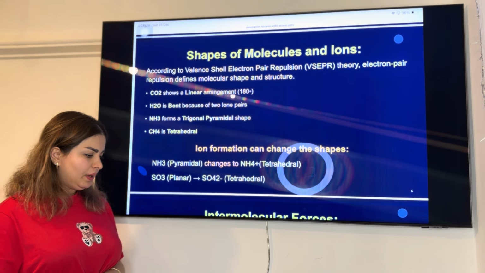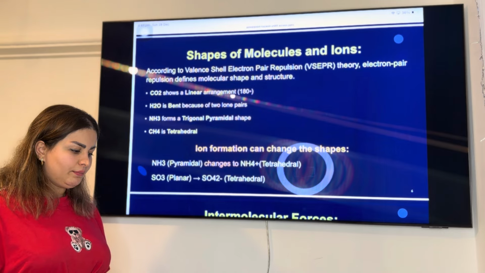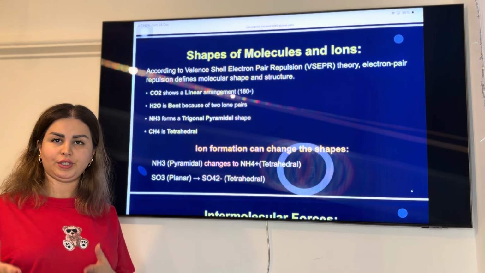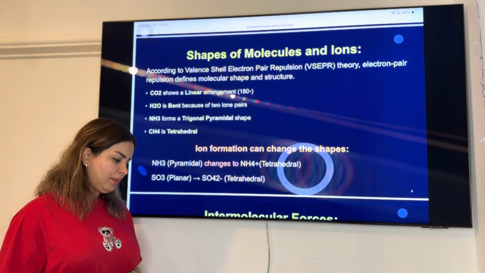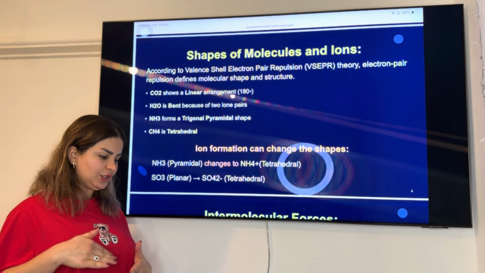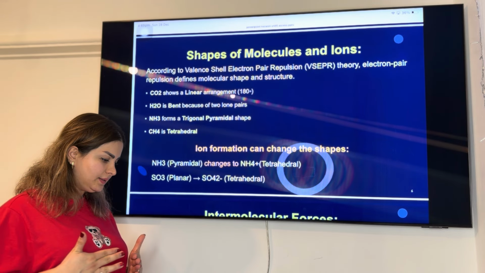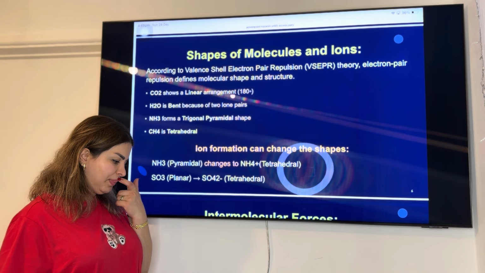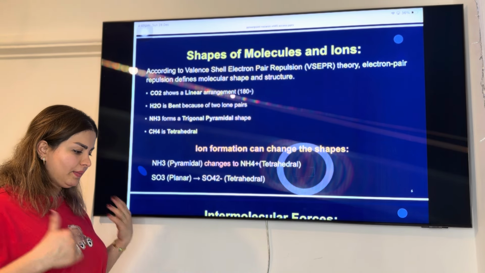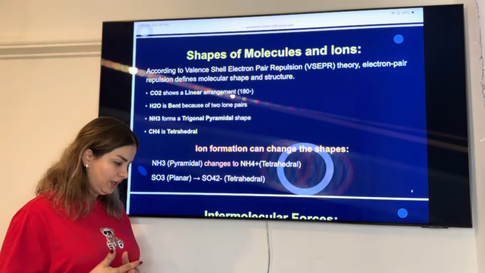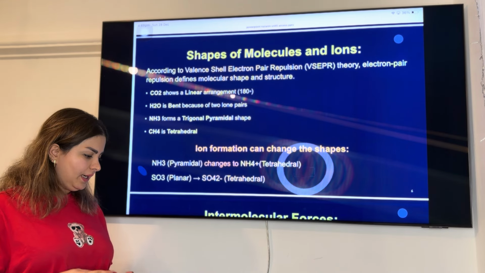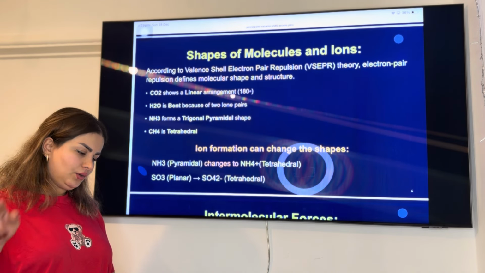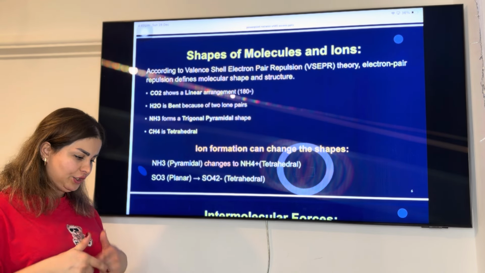The shape of molecules and ions can be predicted by using electron pair repulsion theory. Carbon dioxide has a linear shape, water is bent, ammonia is trigonal pyramidal, and methane is tetrahedral. When the number of electron pairs changes, the shape changes.